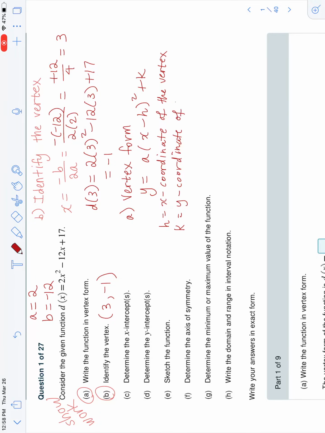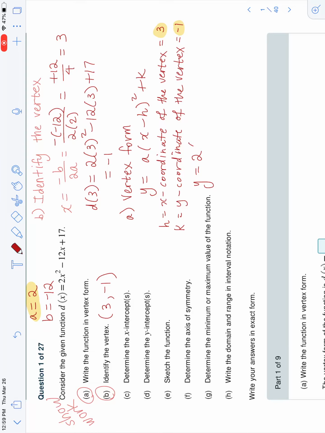And k is the y-coordinate of the vertex, right? And we do know what a is. The x-coordinate of the vertex is 3. We found that. And the y-coordinate of the vertex is -1. And in fact, you identified what a is already. A is 2. H is 3. And k is -1. You have all 3 numbers that you need to write this equation in vertex form.